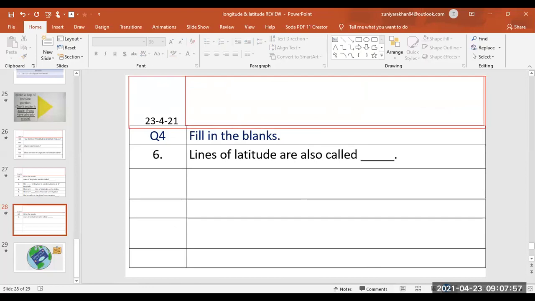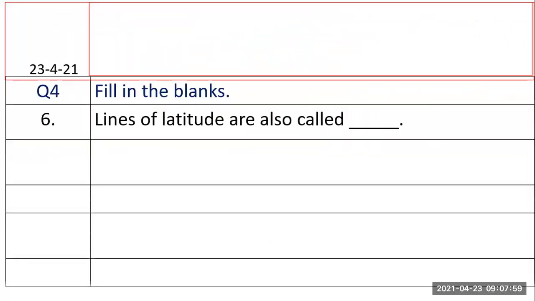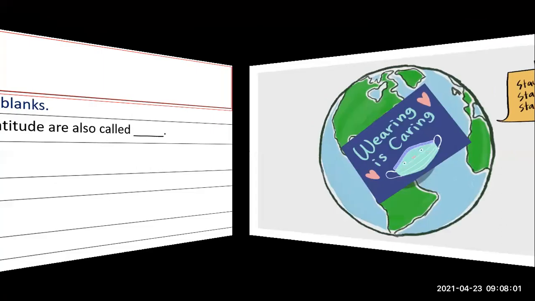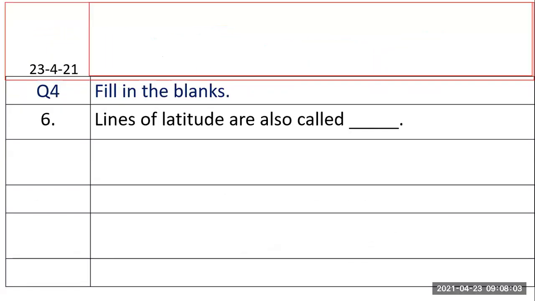So now we are having number 6 as the lines of latitude are also called as dash. Alina, you want to say something? Okay, tell me.